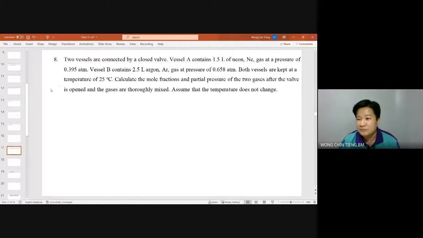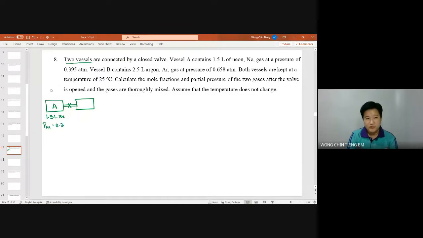I think the most important thing in this question is you need to understand what is going on. Okay, I have two vessels, means I have two containers. Alright, and these two containers are connected by a valve. A valve means satu switch yang kamu boleh buka dan tutup. In vessel A, I have 1.5 liter neon, and the pressure of neon, obviously, I only have neon, therefore it's 0.395 ATM.